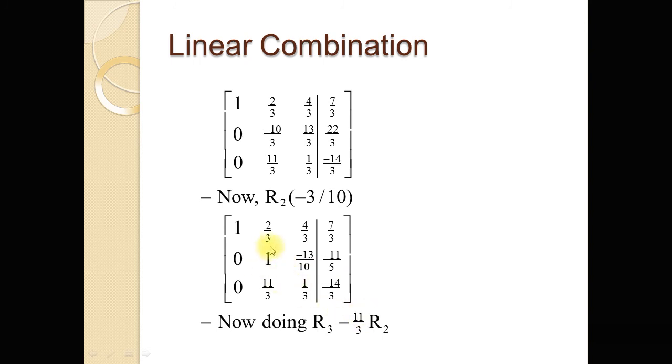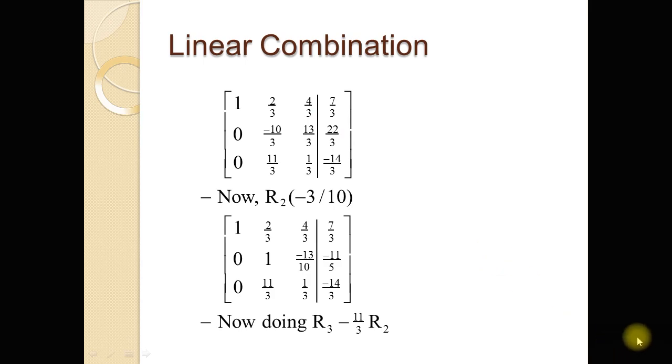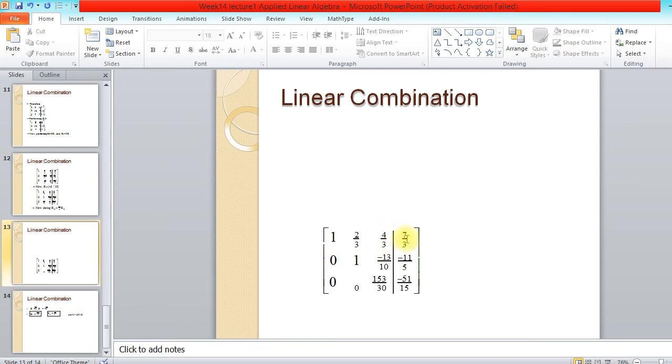Now multiplying this second row by 11 by 3 and subtracting from R3, we obtain 1, 2 by 3, 4 by 3, 7 by 3, 0, 1, minus 13 by 10, minus 11 by 5, and 0, 0, 153 divided by 30, minus 51 by 15. Now this is the echelon form.